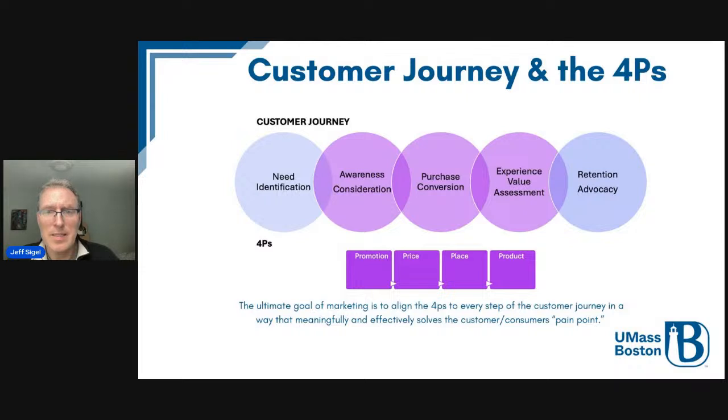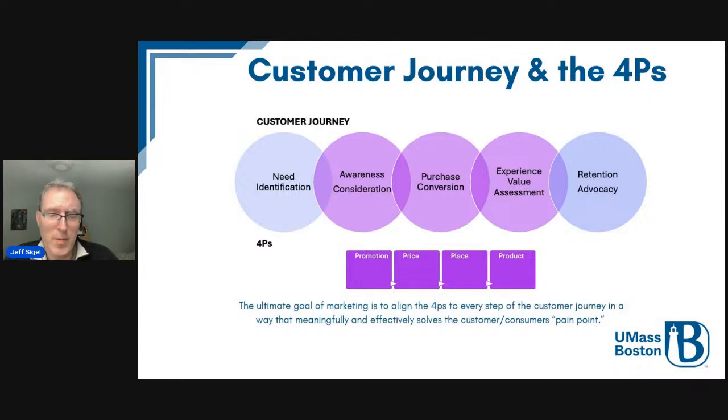And then consideration is where they're looking at all their options, right? I could just keep using this blanket, or I could buy a long warm dress coat, or I could buy a ski parka. There are lots of different solutions to the same problem.